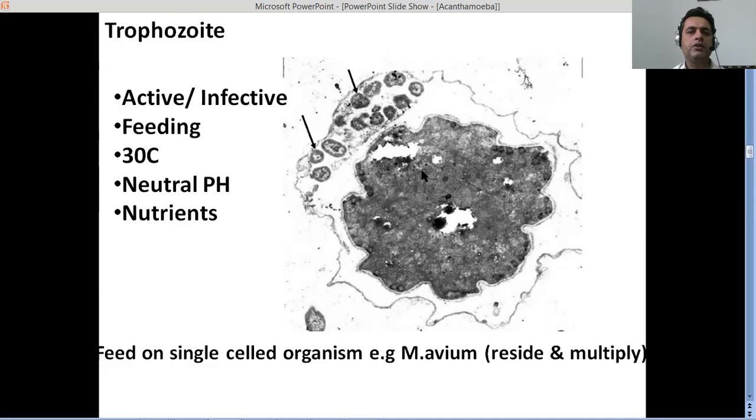If all these conditions are there, then it would be converted into a trophozoite. If the conditions are not good, then of course it would be kept in another form or changed into the cyst form. It feeds on single-celled organisms just like Mycobacterium avium, etc.